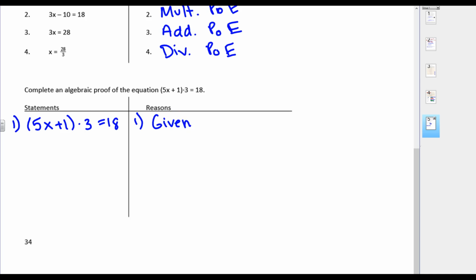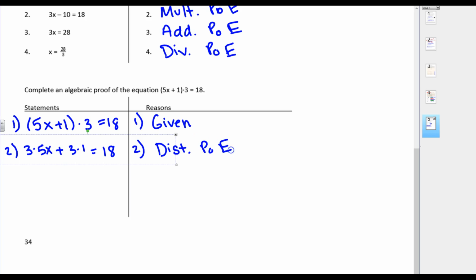I could divide off the 3, or I could distribute the 3. And I think I'm going to distribute that 3. So step 2 is 3 times 5x plus 3 times 1 equals 18. That is the distribution property of equality. If you wanted to tell me that it was over addition, I'd accept that, but I'm not going to force you to do that.